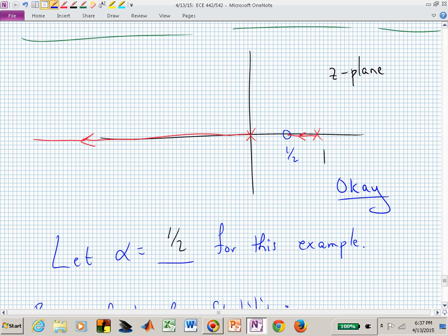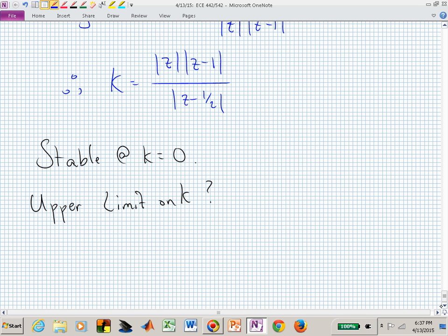Now you're looking at you can crank up the gain only so far as pushing that leftmost pole through the unit circle at -1. And you can determine that K value by evaluating this expression for K at Z equal to -1.